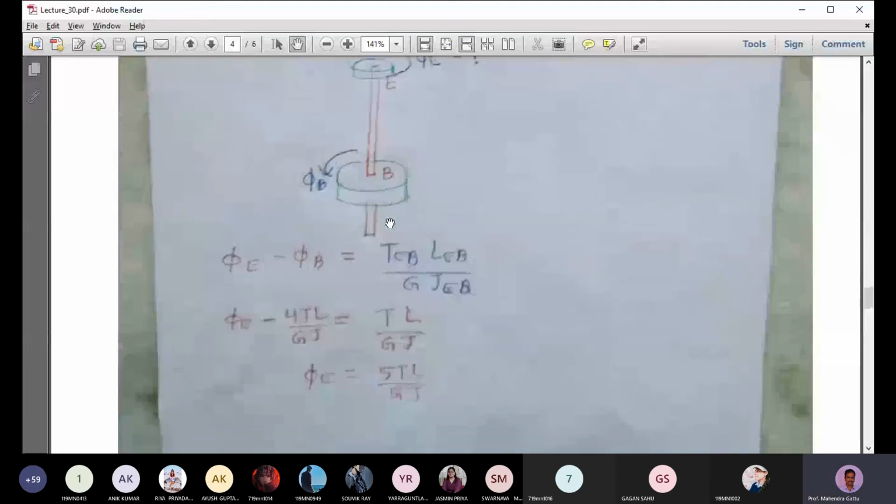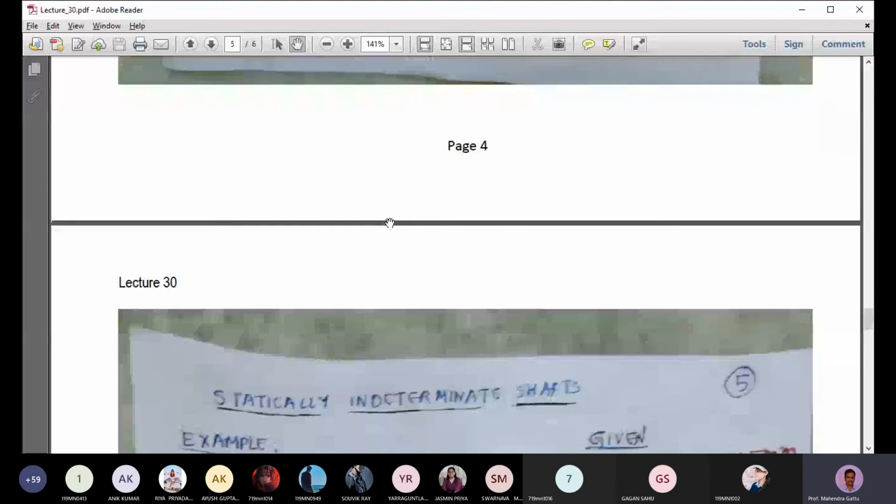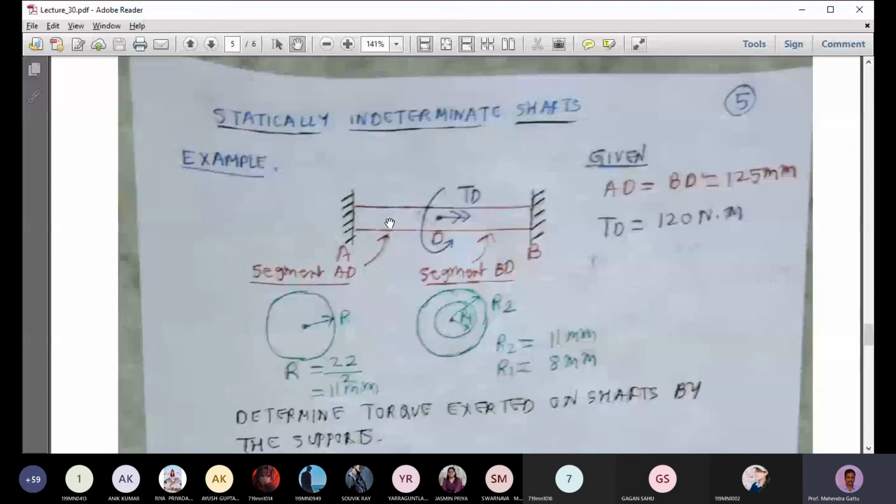Okay, another problem. This is regarding statically indeterminate shafts. This problem is similar to the bar subjected to axial load, a bar which is fixed at both ends and subjected to axial load in an intermediate region. At the intermediate region we have a torque T_D acting, shown by a double arrow.